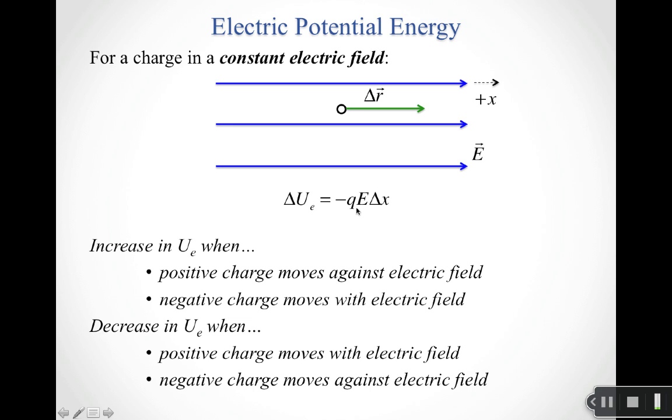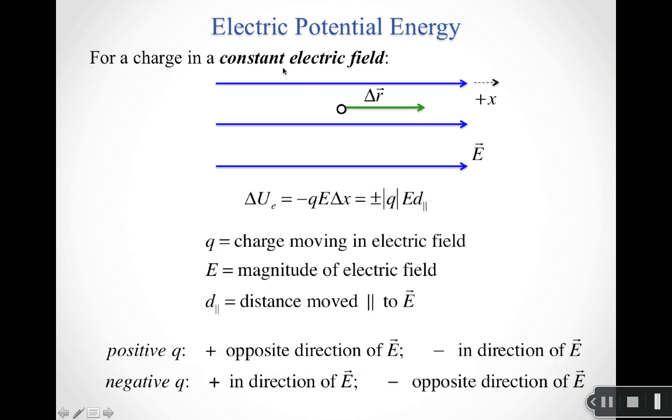So you get a negative for the change in potential energy if I have a positive charge that moves with the electric field. So I need positive, positive, positive, so this comes out negative. So that means I need my positive charge to move with the electric field or my negative charge to move against it. So this is one way that we can calculate the change in the electric potential energy as our charge moves around in a constant electric field.